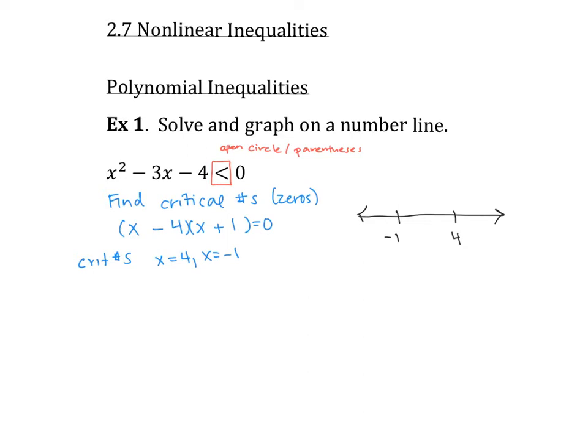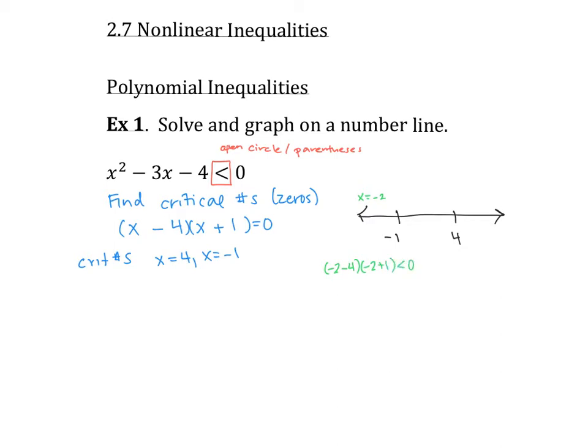Okay, let's see. I'm going to go from left to right. Say I want to check something to the left of negative 1. I'm going to pick some number to the left of negative 1. How about negative 2? I try to pick kind of easy numbers so I can check them. When I check them, you don't need to show work, because when you get pretty good at these, you can plug them in your head. I'm going to plug it in factored form. So I'm trying to see if negative 2 minus 4 times negative 2 plus 1 is less than 0.